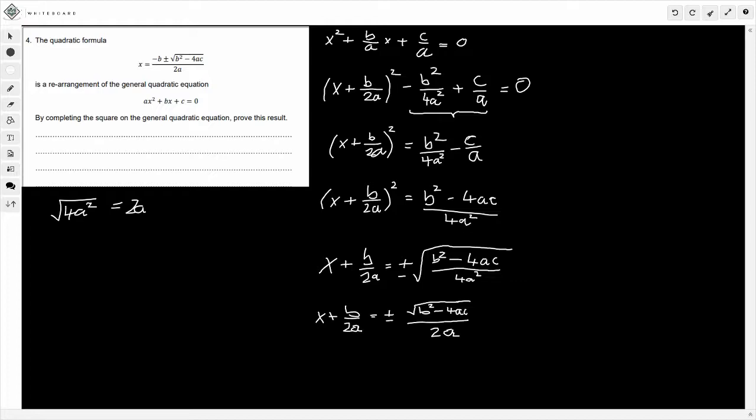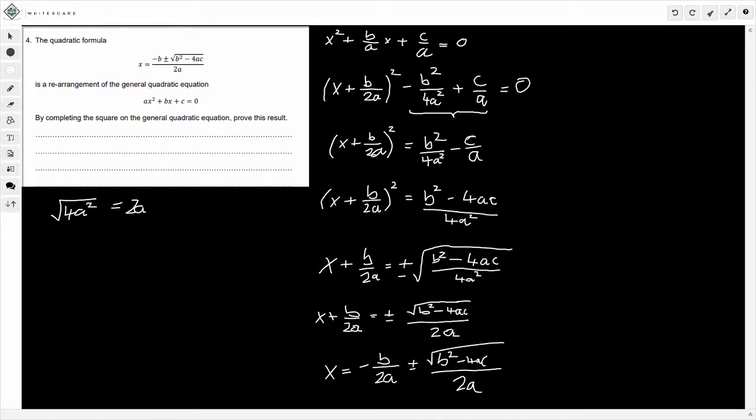So that's going to give us x is equal to minus b divided by 2a plus or minus the square root of b squared minus 4ac divided by 2a. The last little trick to spot is that these have a common denominator, so we can write it over the same denominator, which is going to be the 2a.